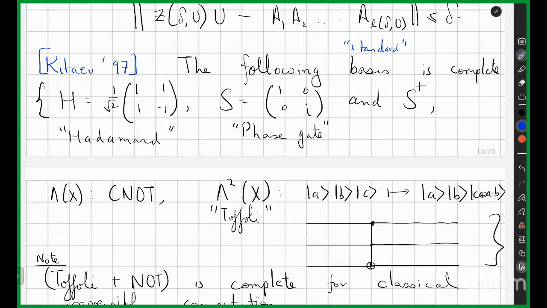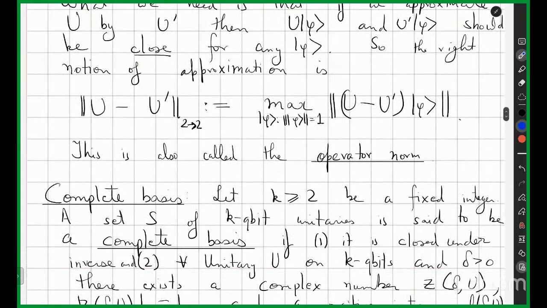It just said there's some number. It did not say that this delta U is of a certain length, polylog and so on. There's no quantitative claim in the complete basis definition. That is clear, right?